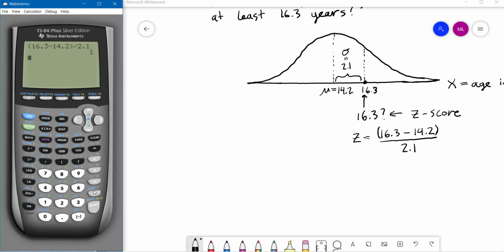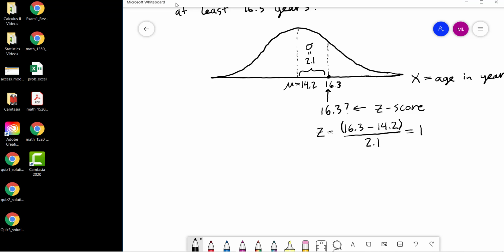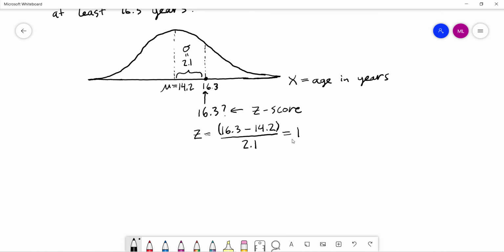And hit enter, and what does it give me? It gives me a z-score exactly as I anticipated of 1. So the z-score here is 1. And that is going to be a much easier value to work with. So now that I'm done with this, let me close this back up and open these back up.